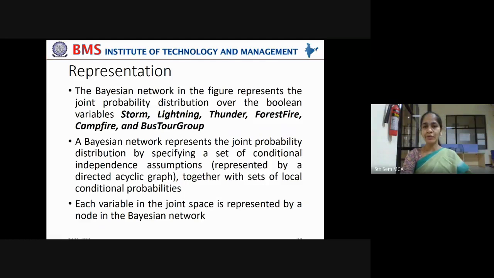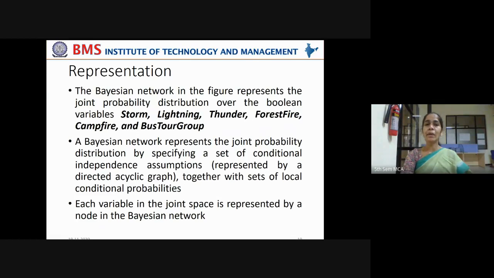Now the Bayesian network in the figure represents the joint probability distribution over the Boolean variables. Why are we calling them Boolean variables? Storm, is it existing, yes or no. Lightning, did it occur, yes or no. Thunder, did it occur, 0 or 1, like that. You have only two possible values allowed in this particular example.